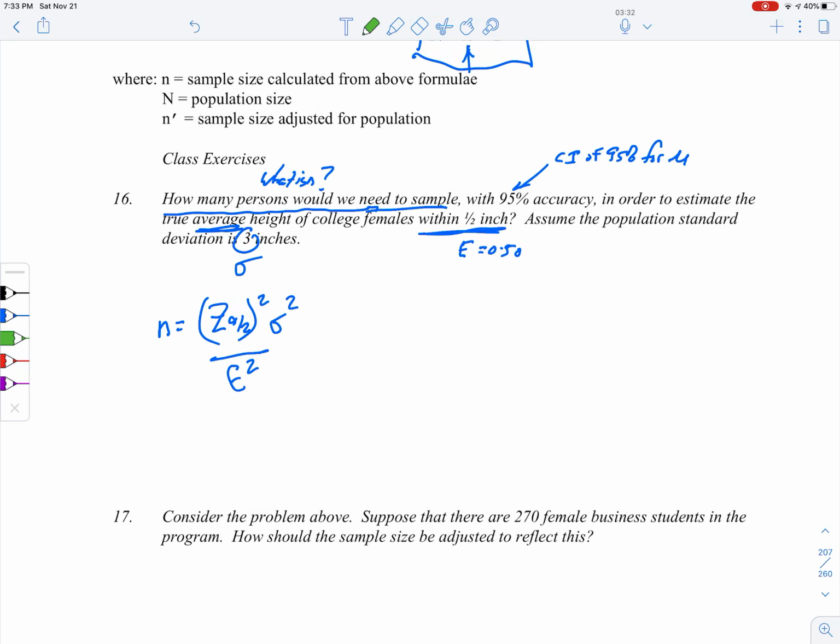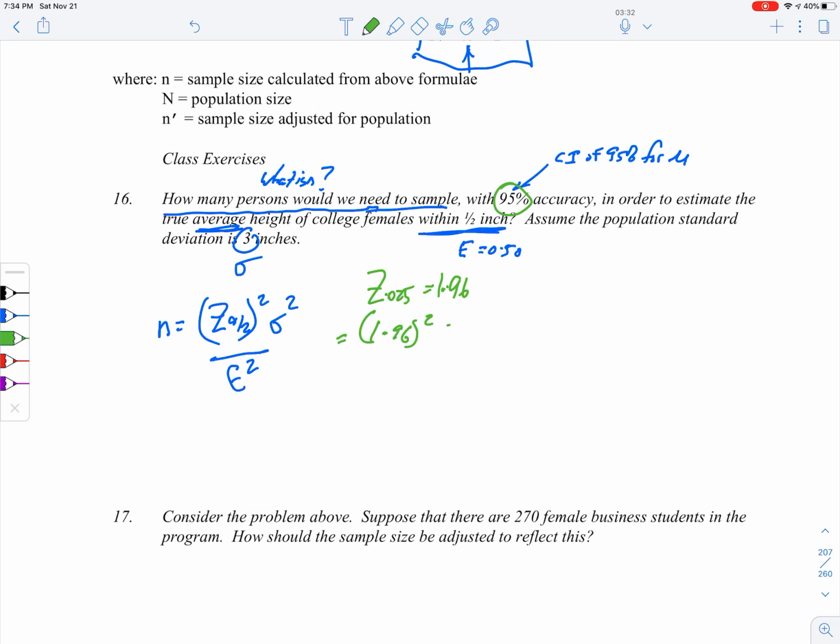We've got everything we need here except for the Z alpha over 2. We're talking about a Z 0.025, right? 95%. We know that number. It's one of those famous stats numbers. It's 1.96. Again, I'm going to assume that you know how to do that. Otherwise, go back into some of the previous videos and take a look at how that's done.